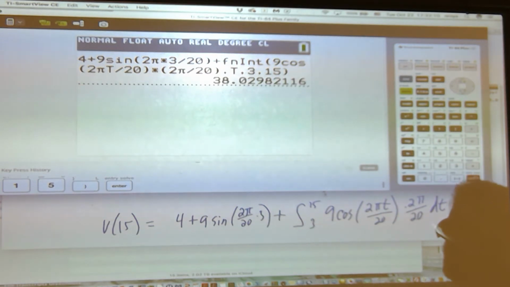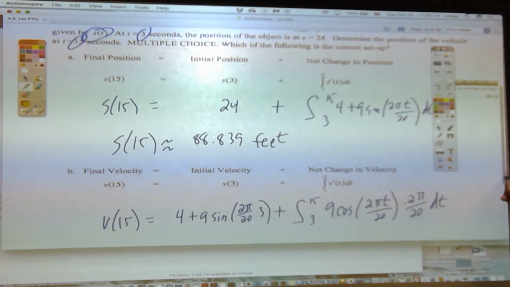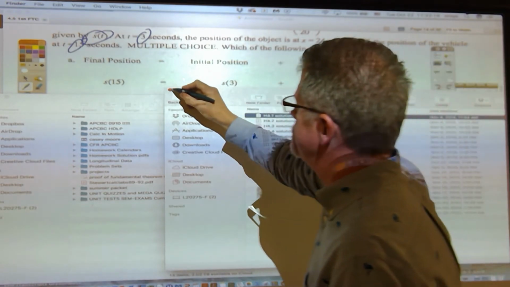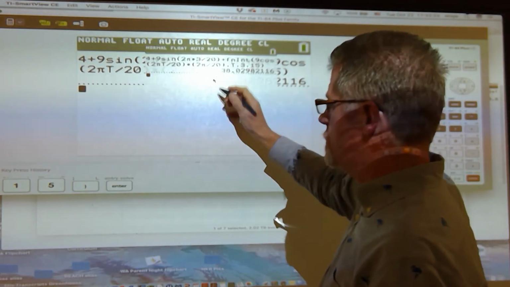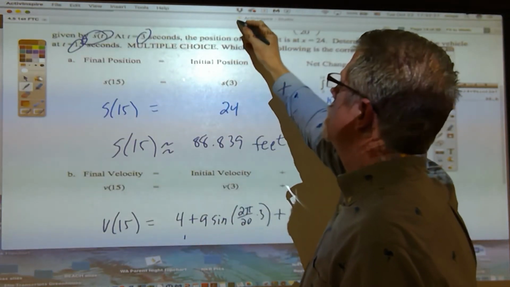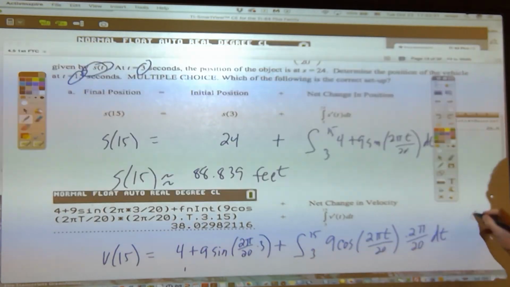The answer is 38.030. So let me snag that again. Oh, lost it. And will it ever come back? Oh, I found it. Okay, so dragging it into the document, which is right here, enables me to write it down.